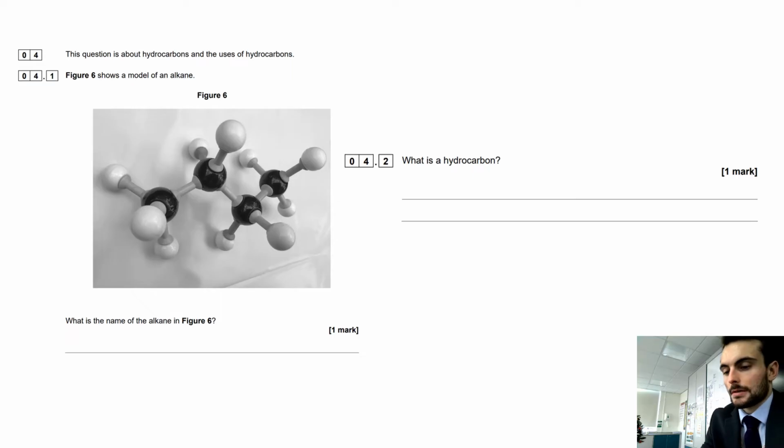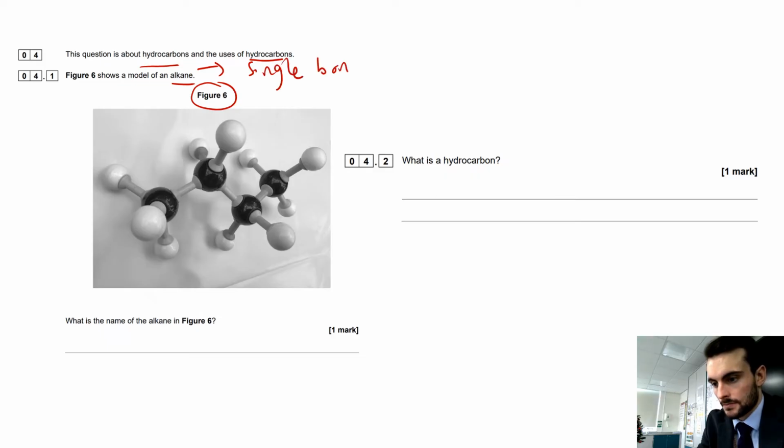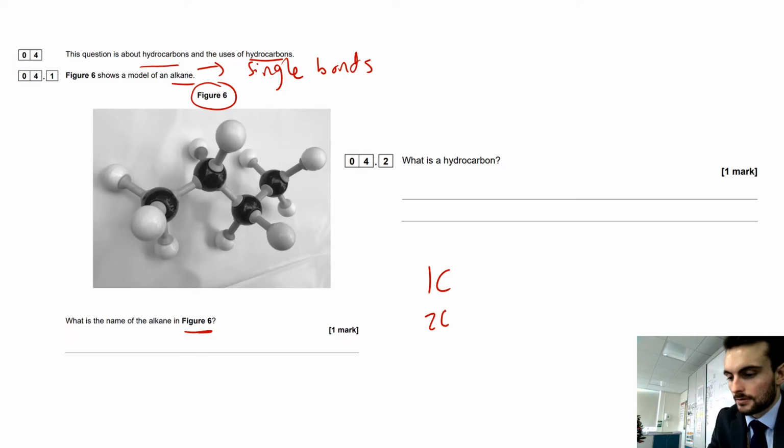This question is about hydrocarbons and the uses of hydrocarbons. Figure 6 shows a model of an alkane. So that's the one that's single bonds only, so it's not an alkene. And then it says, what is the name of the alkane in figure 6? For this one, you only need to remember the first 4 because the rest are easy, aren't they? So the first 4: the one with 1 carbon, 2 carbons, 3 carbons, 4 carbons.